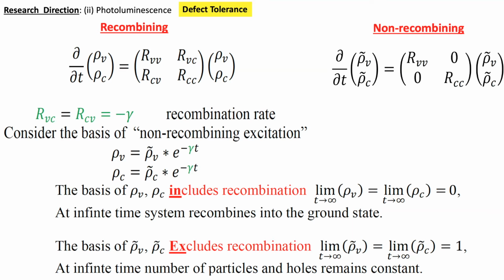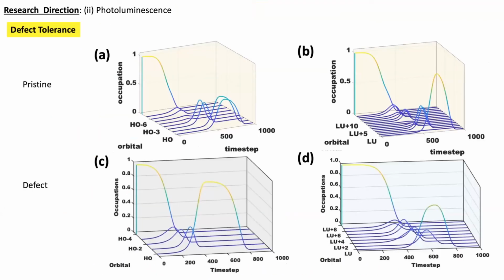So if one looks for the solution of the densities of the populations in both the valence and conduction band in this specific functional form, which includes the zeroth order kinetics of recombination, it combines dissipation and recombination in one part. It's just a little trick which is quite innocent.